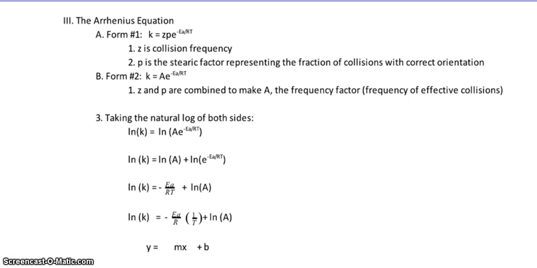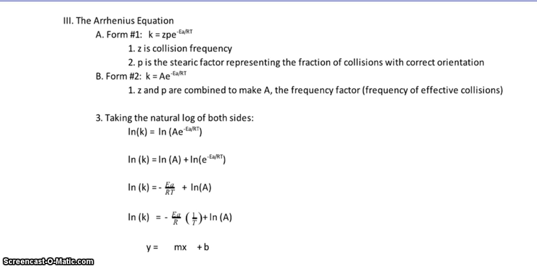Some important dude, the Arrhenius equation. We're going to find out who Arrhenius is a little bit later on too, when we talk about acids and bases. He came up with this equation that relates constants, collision frequency and the steric factor. What is a steric factor, for heaven's sakes? A steric factor is the orientation.